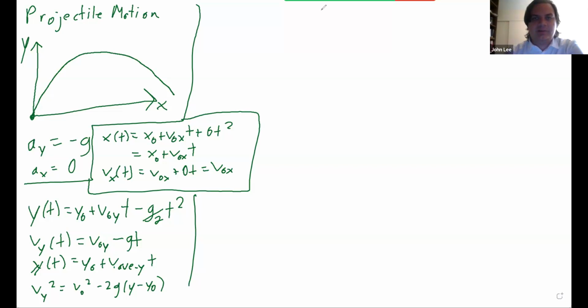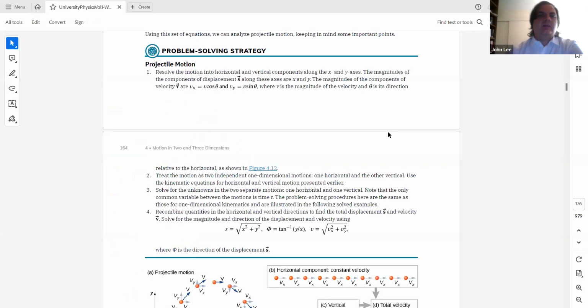At this point, I'm going to switch to a different share and show a part of the textbook which gives a problem-solving strategy for projectile motion, which is to resolve the motion into horizontal and vertical components along the x and y axes. The magnitudes of the components of displacement along the axes are x and y.